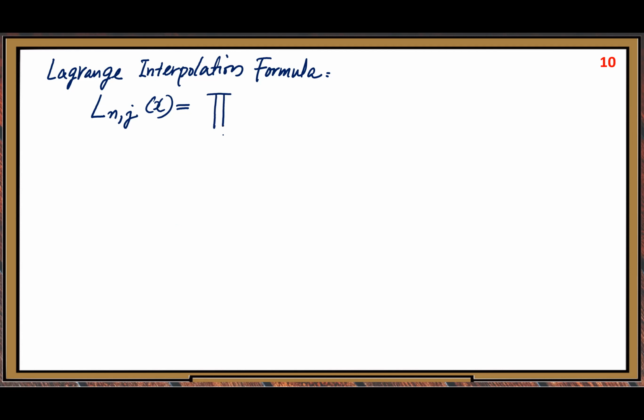This capital pi is a product notation, over k not equal to j, of x minus xk over xj minus xk. You can see the denominator cannot be 0, so k cannot be j.